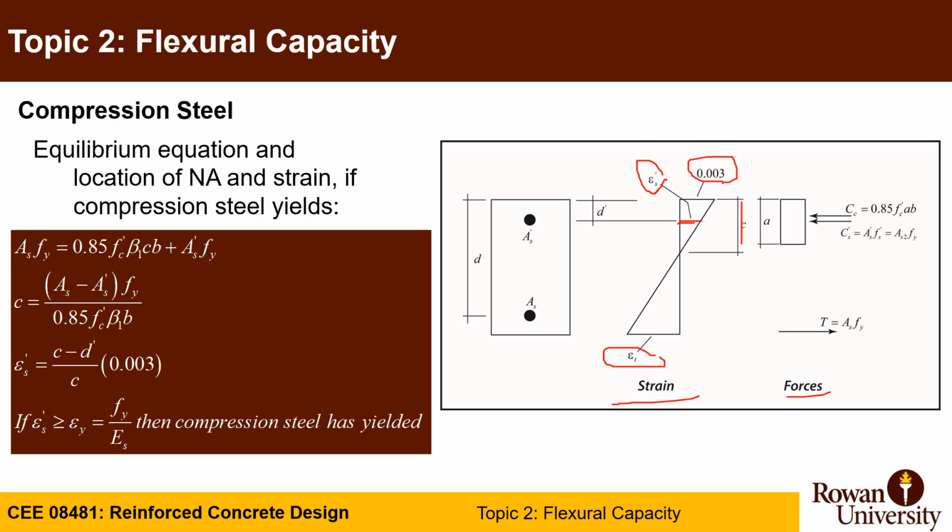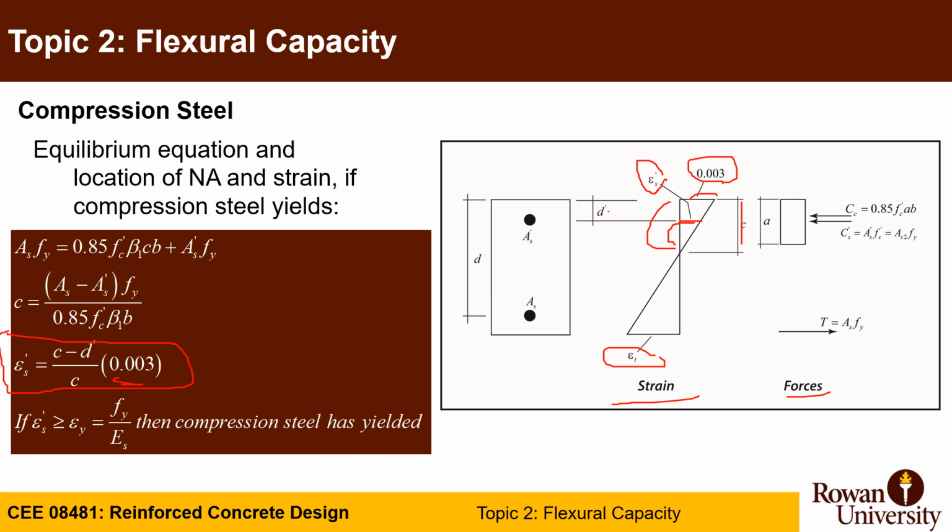By interpolation, epsilon s' divided by (c minus d') equals 0.003 divided by c. If you rearrange the equation, epsilon s' would be equal to (c minus d') divided by c times 0.003.